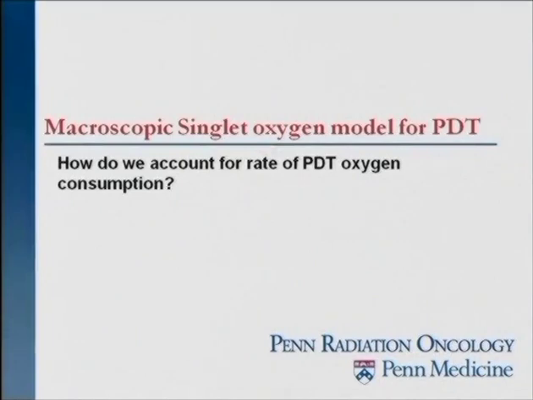But in the second part, the important thing is that we know PDT is an oxygen-mediated effect, so you really have to develop a model based on singlet oxygen to take into account the singlet oxygen consumption, especially for this kind of treatment where your light fluence rate is changing from 0 to 400. So you have an inherent light fluence rate change, which the PDT model will not take into account.